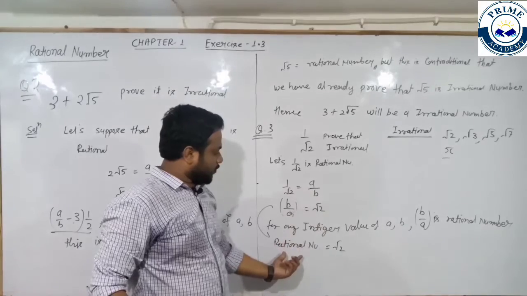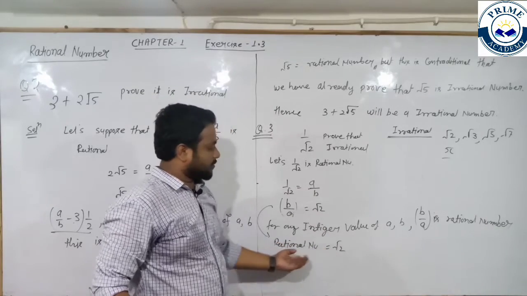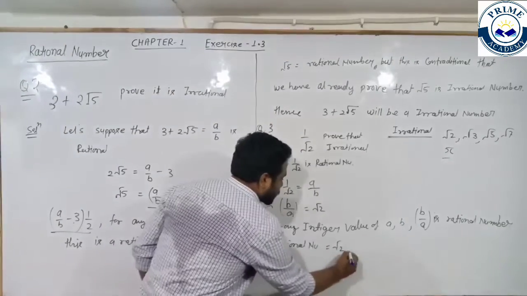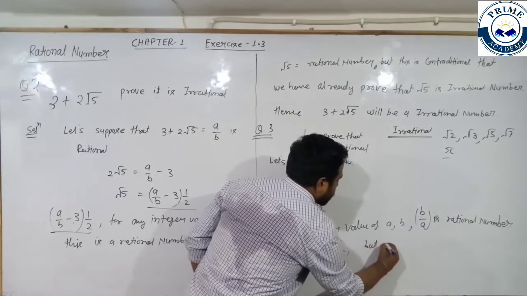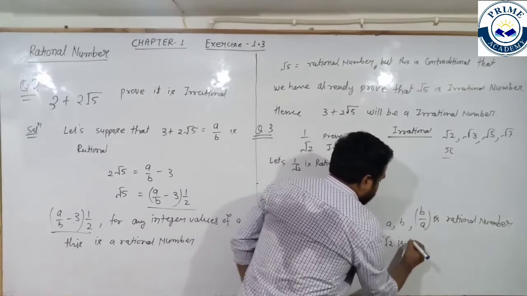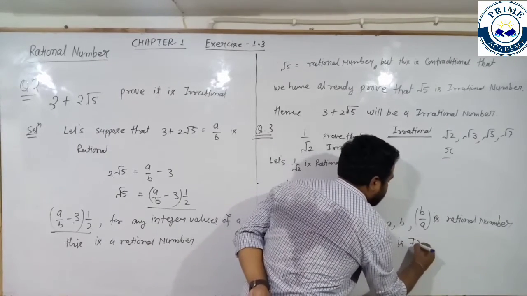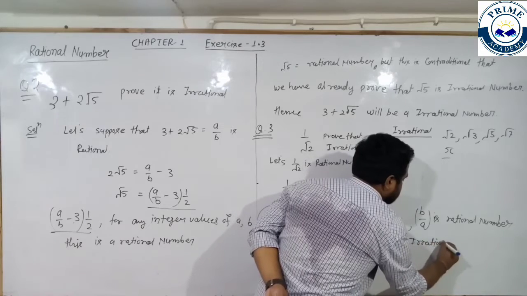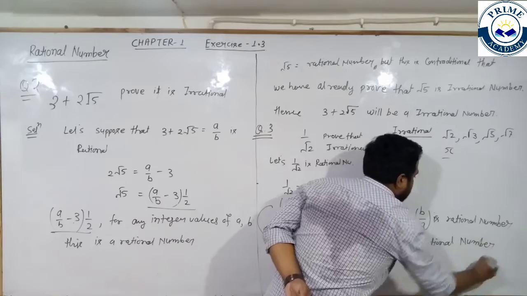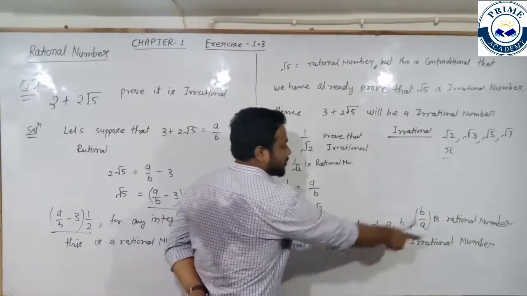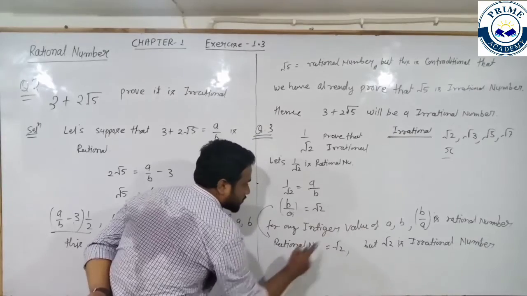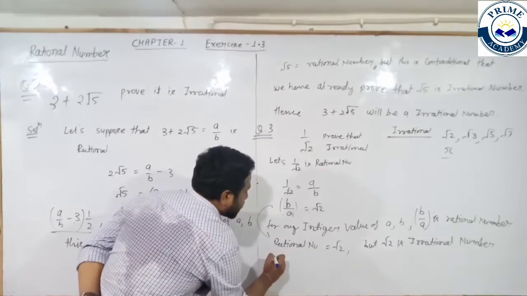But here we concluded that root 2 is rational, but this is again a contradiction. Root 2 is an irrational number.